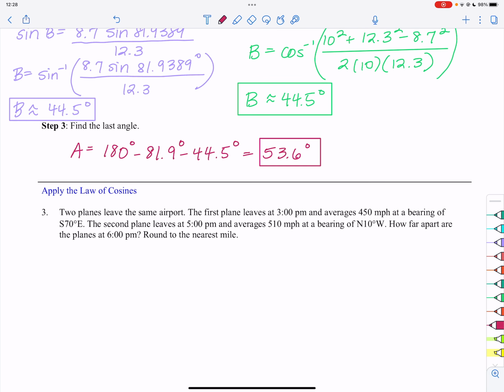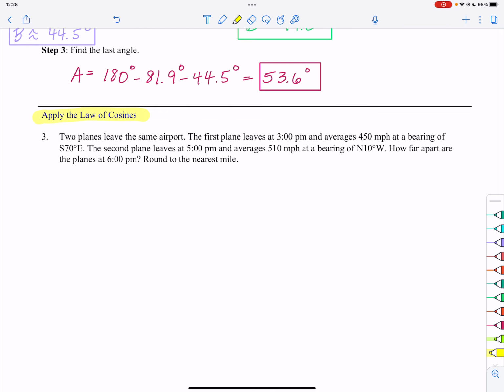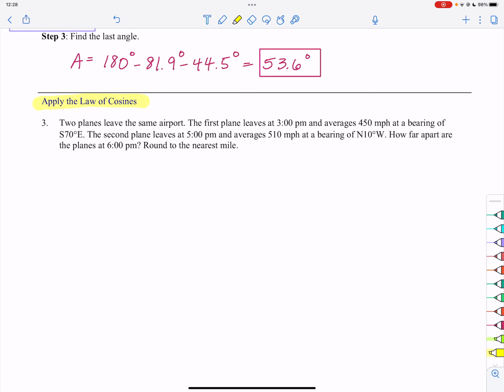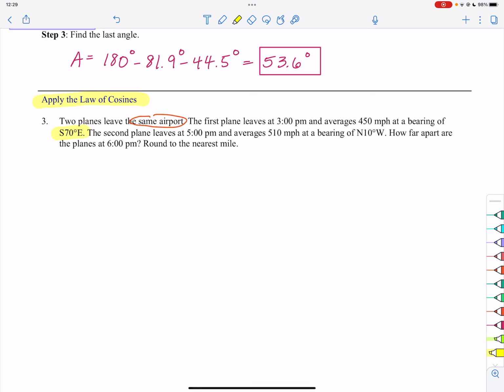Okay, so let's try an application problem. These are always a great way to practice these laws. So we have two planes that leave the same airport, okay? And the first plane leaves at 3 o'clock and averages 450 miles an hour at a bearing of south 70 degrees east.